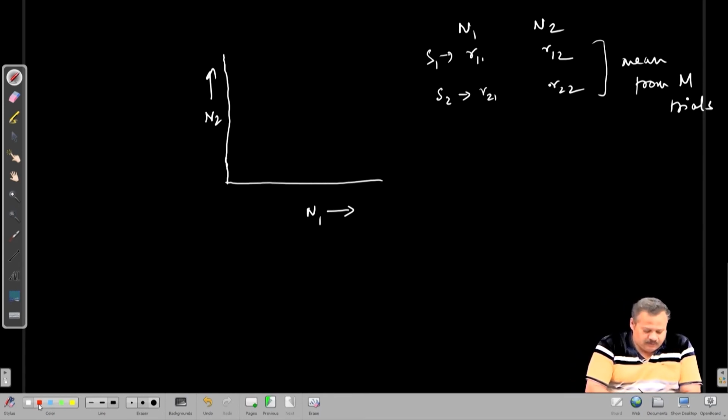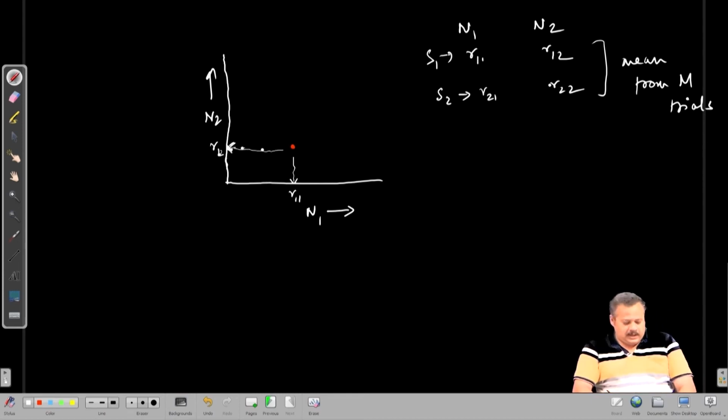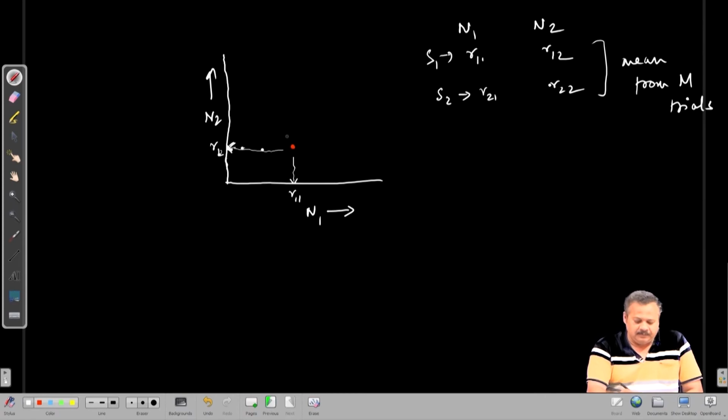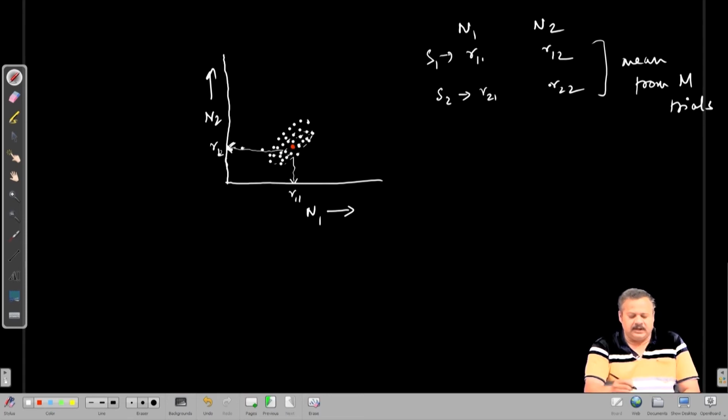Now, as before, we will mark our R11 here and our R12 here. And let us say we have a scatter with positive noise correlations in this direction.